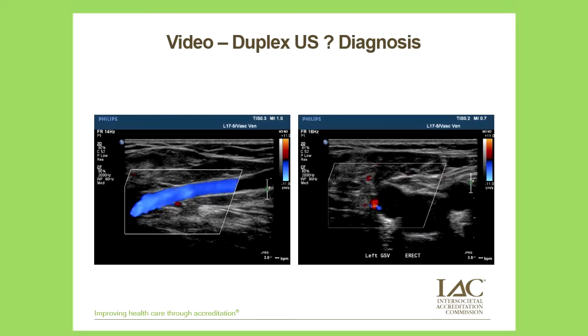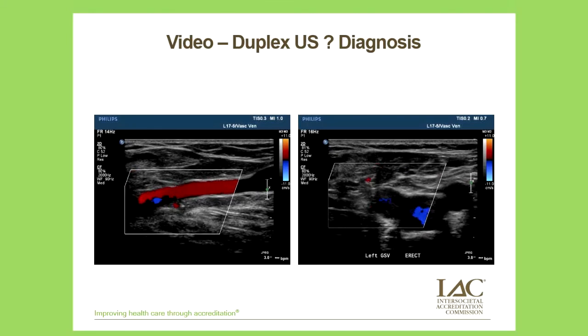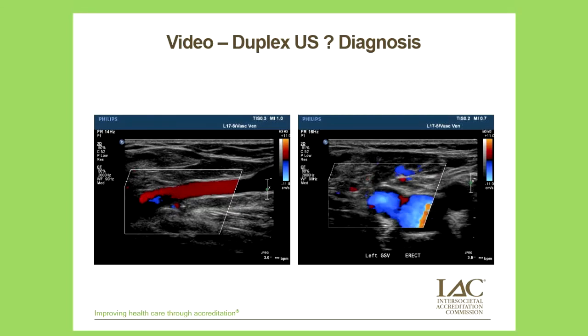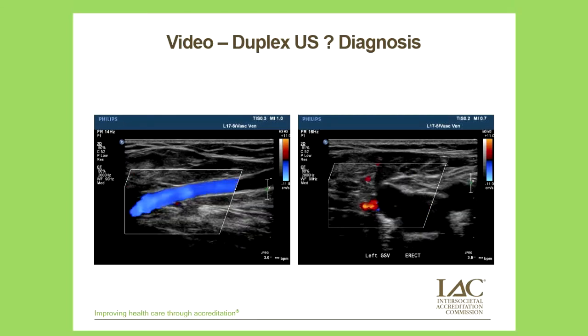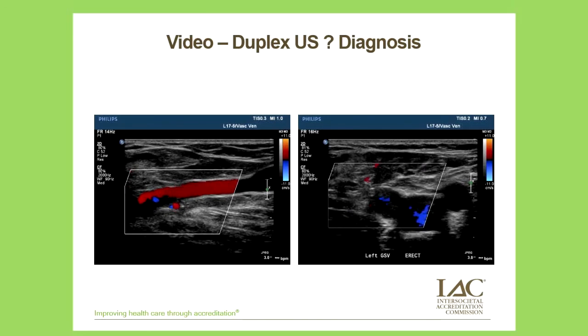So if you eliminate and just treat the GSV, but you never made note of the other reflux source, that patient may come in with recurrences much sooner than if you had identified the most proximal source of reflux.